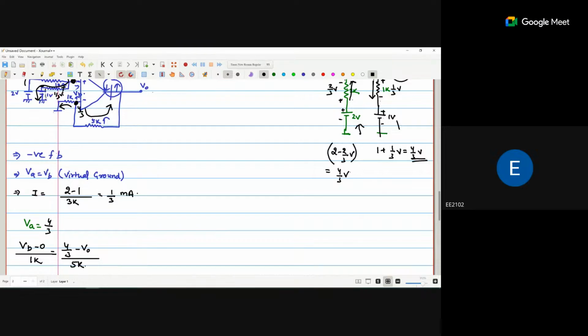Okay, so VB is 4/3. So we solve this one. So 4/3 divided by, so 4/3 is equal to 4/15 minus V naught by 5.